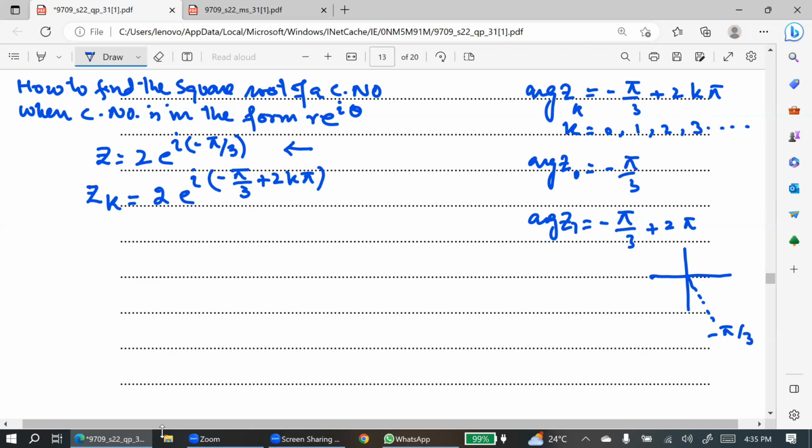Minus pi by 3 is minus 60 degrees, and we will draw an angle of minus 60 degrees, that is clockwise.